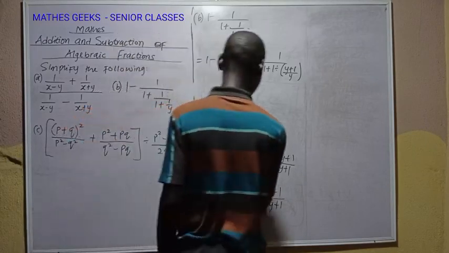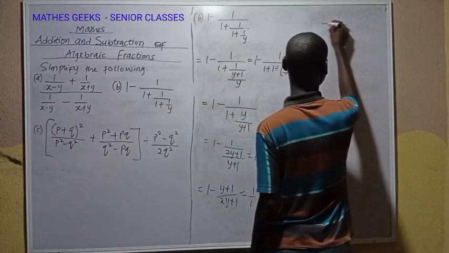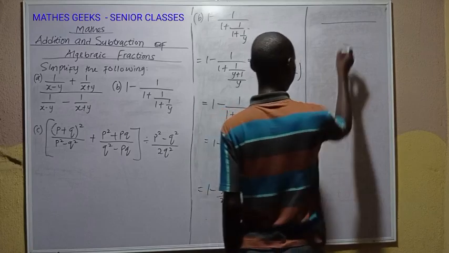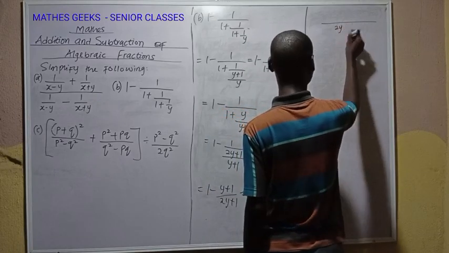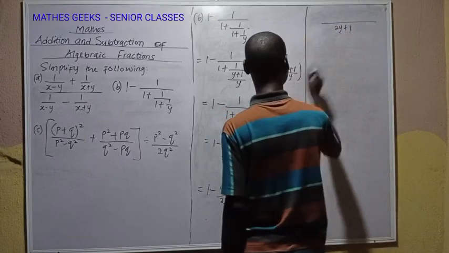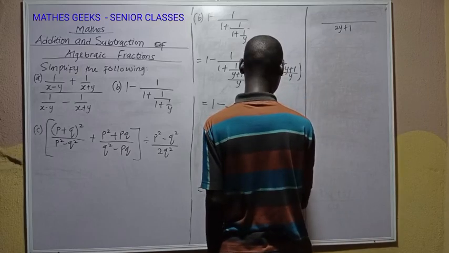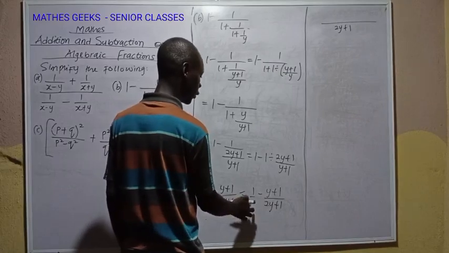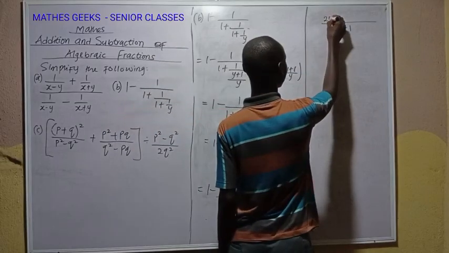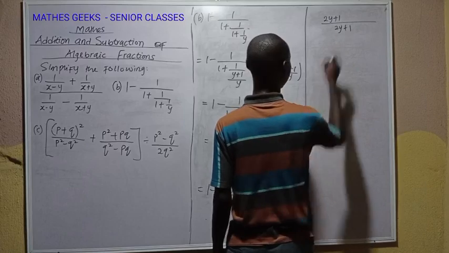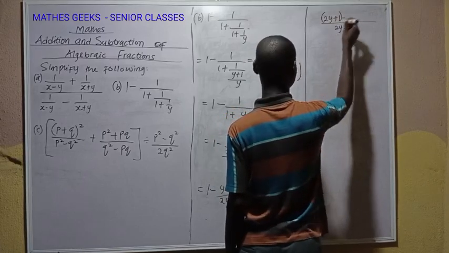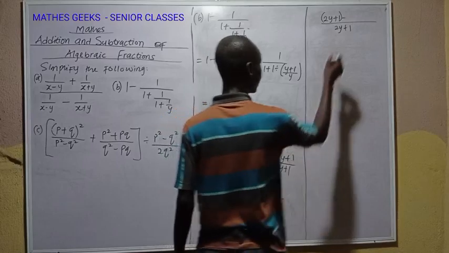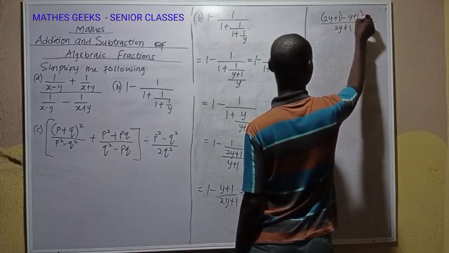So our LCM is equal to 2y plus 1. When divided by this denominator, 2y plus 1 times this, it will give us 2y plus 1 minus, let's close it. LCM divided by denominator will give us 1, and 1 times this will give us y plus 1.